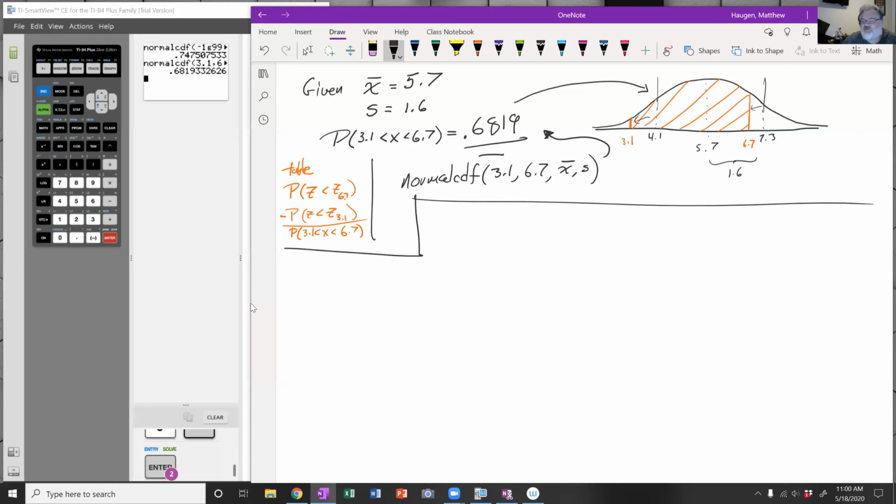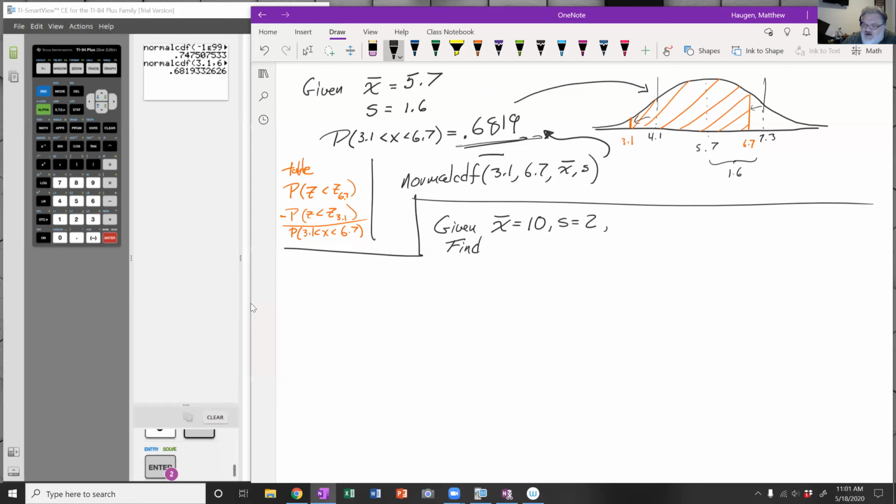Let's look at going the other way though. So still we need to be given a data set here. So I'm going to give us a mean and a standard deviation, a fairly simple one because it doesn't make that much of a difference really. But instead of finding a proportion given some bounds, it's really common for us to need to go the other way. And one of the common places we see this is in a percentile. So I'm just going to write it that way.